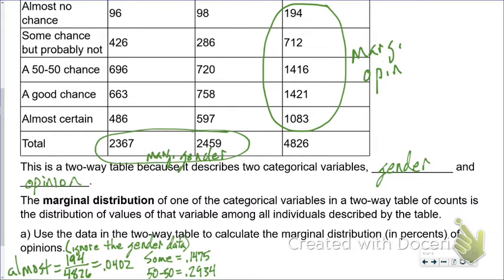We'll look at good chance and get 0.2944. And lastly, almost certain, we get 0.2244. And that's the marginal distribution for opinion. I mean, you can write it in the table, do your calculations in the table if you want, but make sure it's clear on part A what your answer is. Because on the next slide, we're going to find conditional distribution. But this is the marginal.